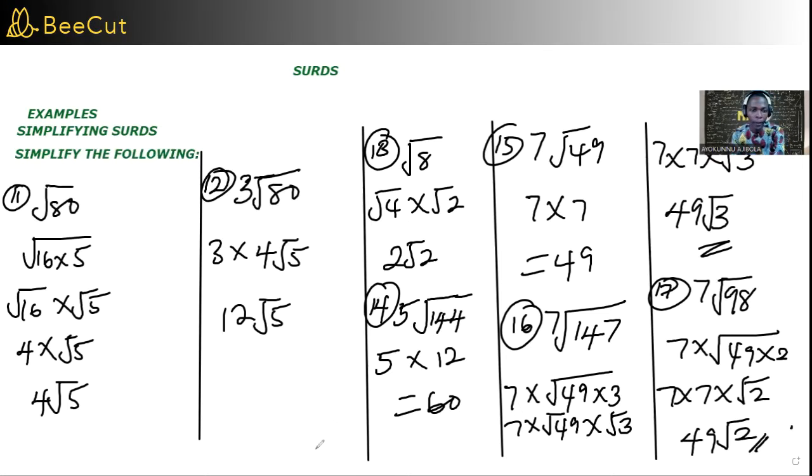Okay. We move further to other types of examples on surds. The one we have been looking at is simplifying surds. Then we want to move over to multiplying surds. That has to actually multiply some surds.